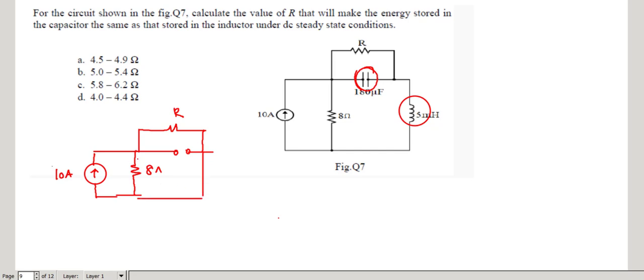Okay, so let the current flowing through this be I1 and this current be I2. So this is IL of infinity, and this is plus or minus VC of infinity.